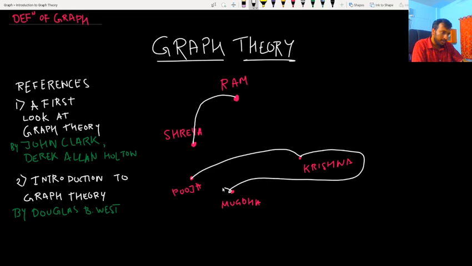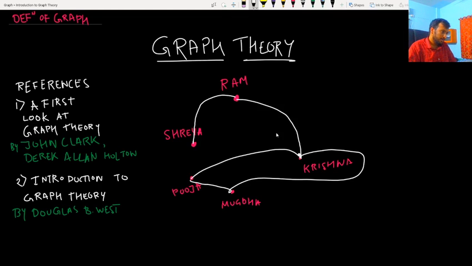It doesn't matter how they are drawn. A curved line connecting two points just means that the persons corresponding to these two points are friends.